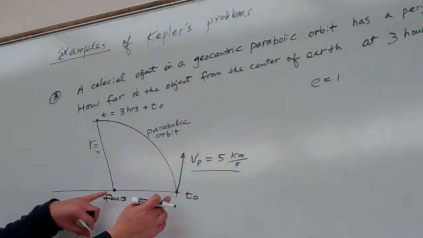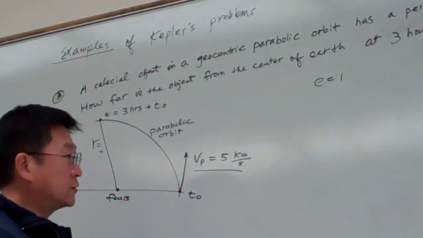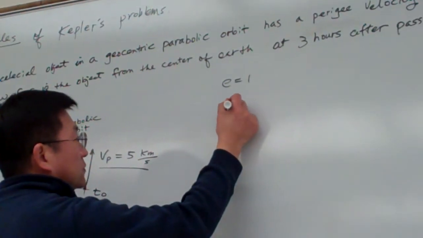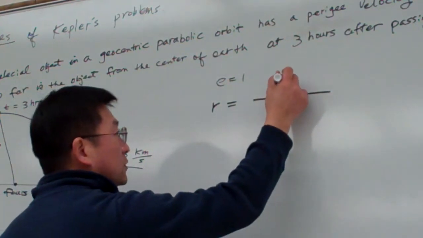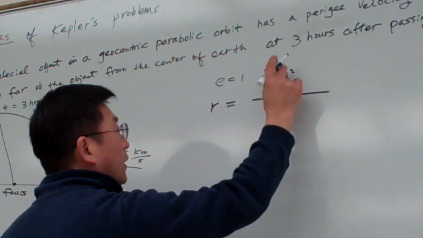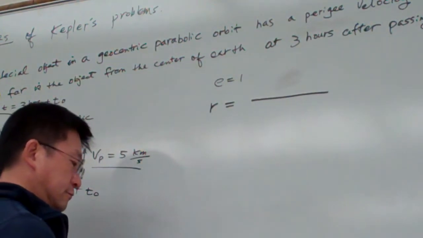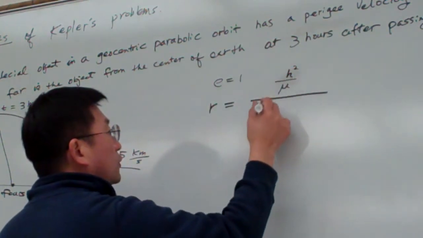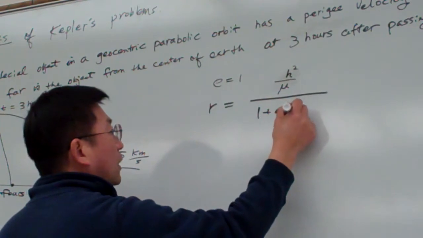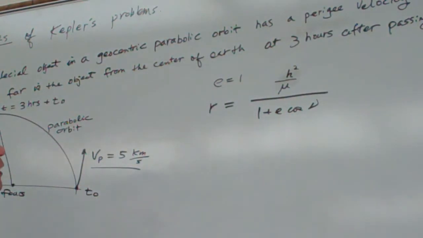For example, what is this distance here? We're still starting from here. So from our orbital equation, r equals h squared divided by mu, over 1 plus e times cosine nu.